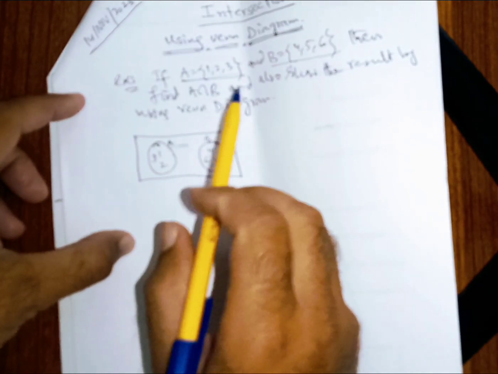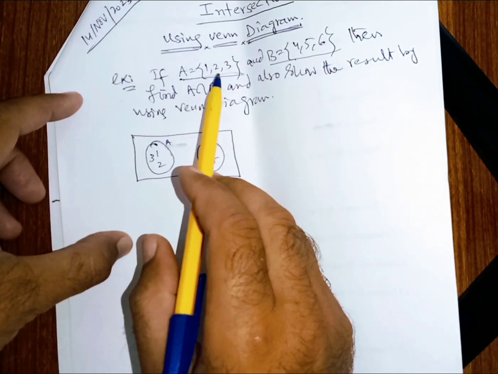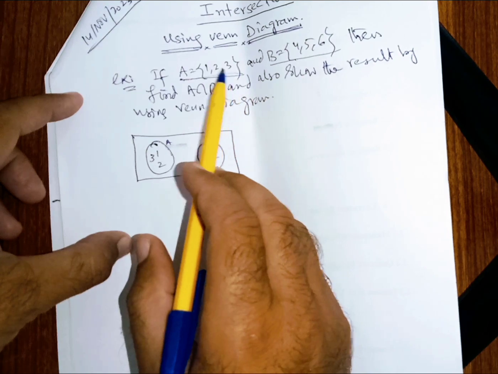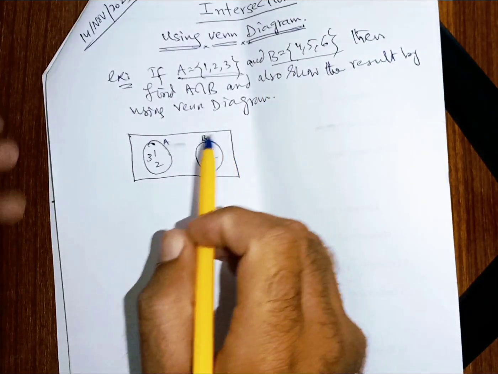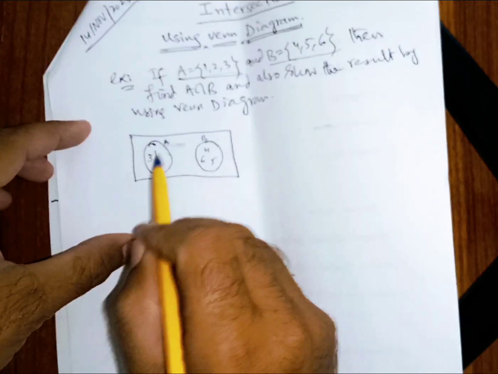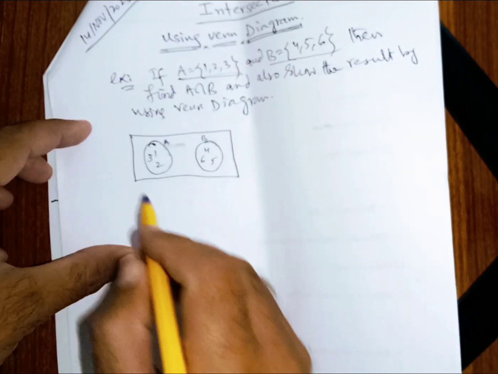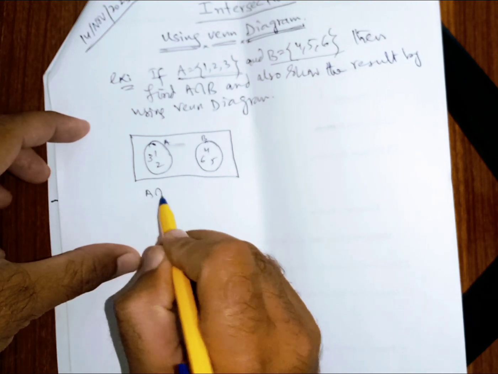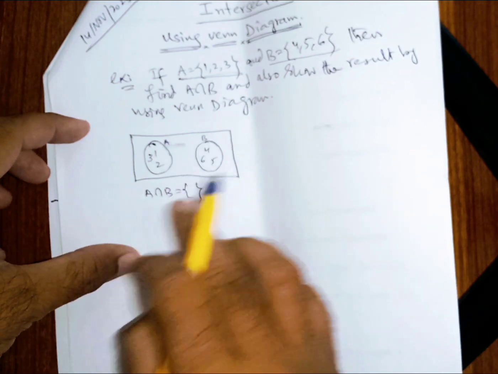Intersection is actually all those common elements which are in set A and set B, and that is our answer. But there are no such common elements, as A is {1, 2, 3} and B is {4, 5, 6}. So the intersection is the null set. There is nothing common between A and B.